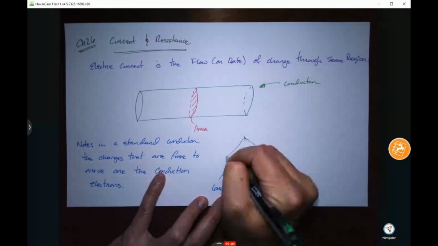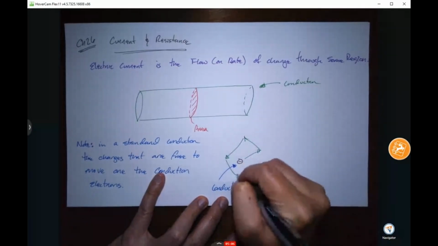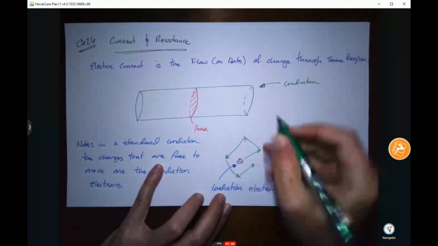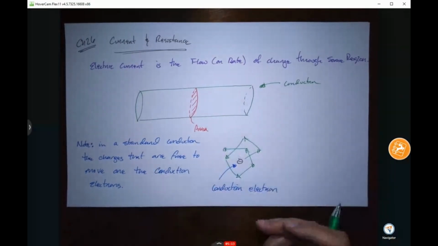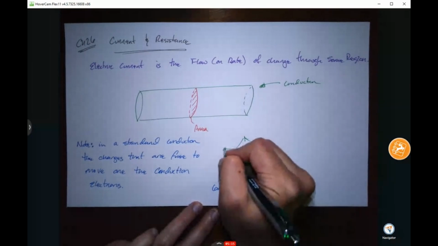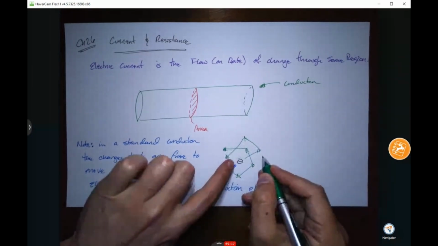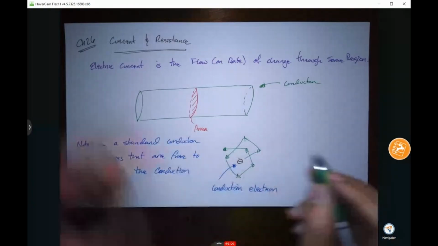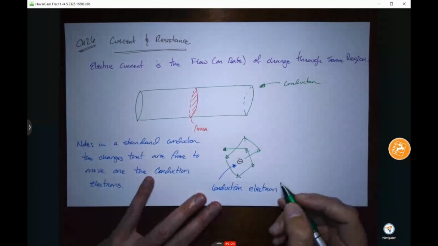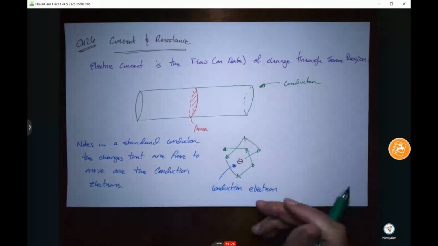So they zoom this way, they zoom this way, they zoom this way. And as they change directions, they have interacted with an atom or another electron. And actually, it's a lot more complicated than this because it can knock into an electron and then fall into an atom. And then the other electron takes its place, zooming around randomly, kind of things like this.